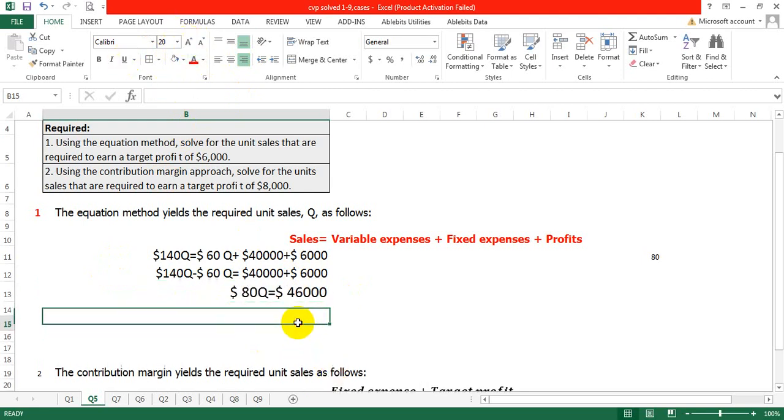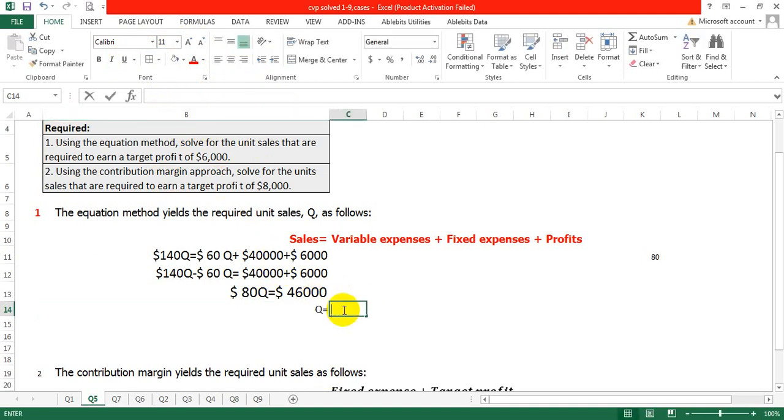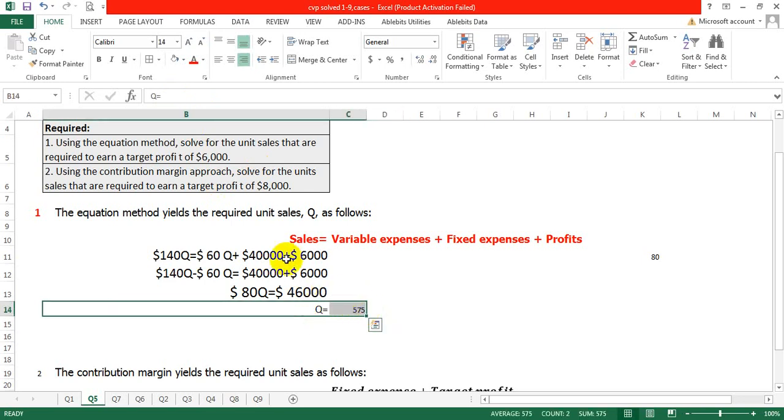Now solve it. Q equals 46,000 divided by 80. So my units are 575.